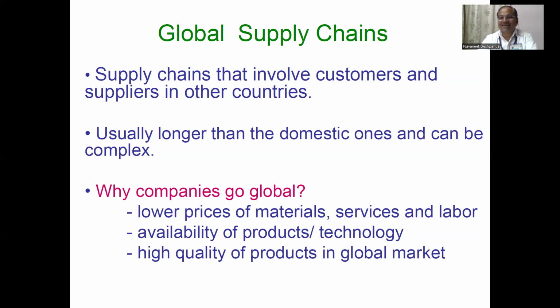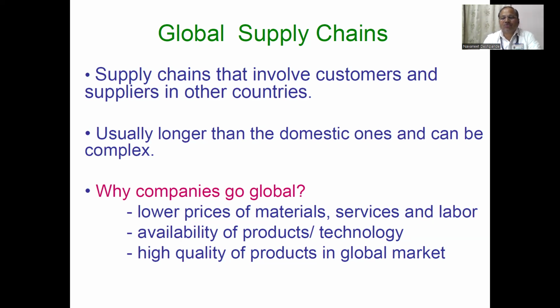So why are companies going global? What drives them? First of all, there are places where the prices of raw materials are lower. There could be areas where service charges are lower and labor charges are also lower. So the company essentially goes in for venturing out to these places. Besides, it also goes for availability of products and technology and high quality of products in the global market, as it wants to create a name and reputation in the market alongside the global competitors.